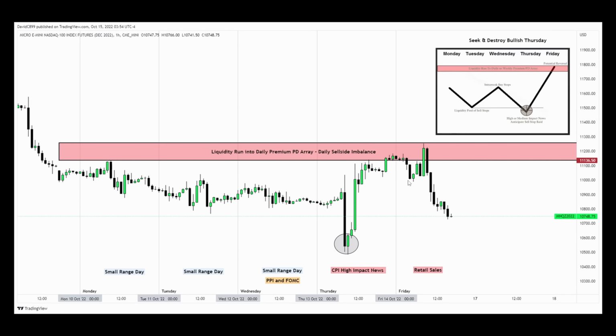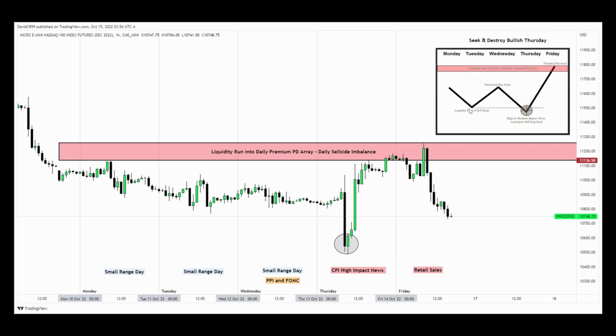Price is creating the high of the week on Friday with the high impact news event retail sales, and from there it is trading lower and closing the week. This pattern is the market maker manipulation template Seek and Destroy Bullish Thursday. We can see that here.